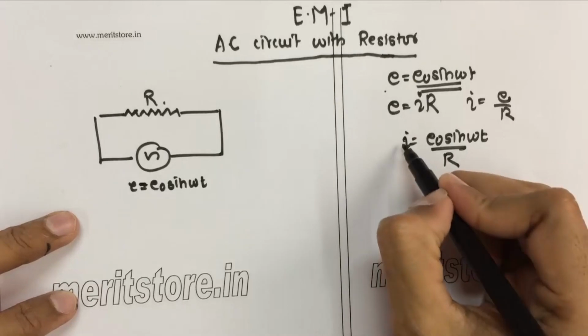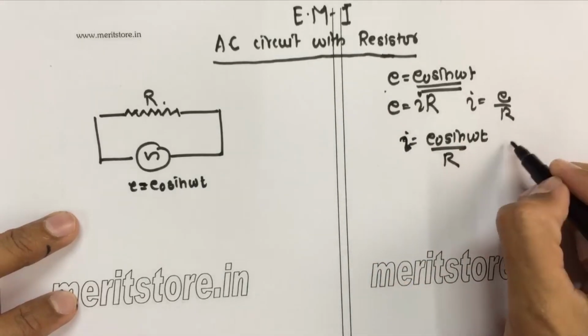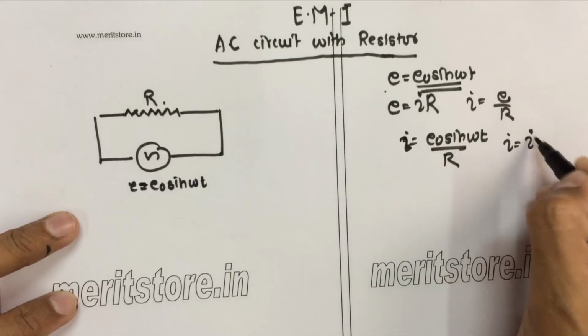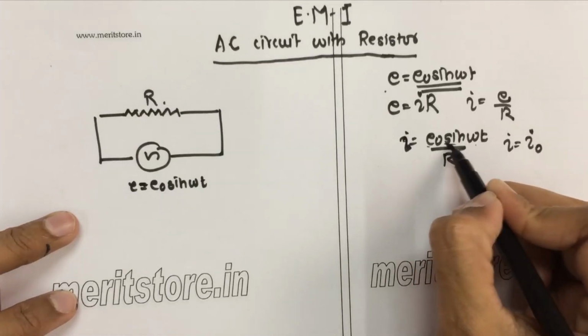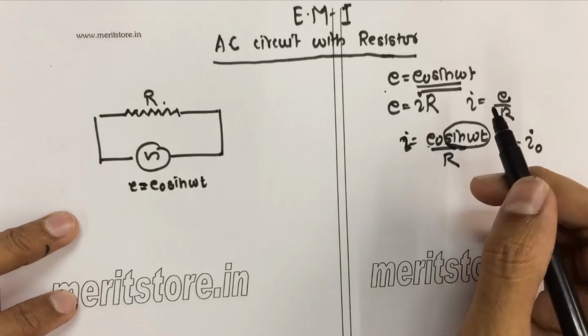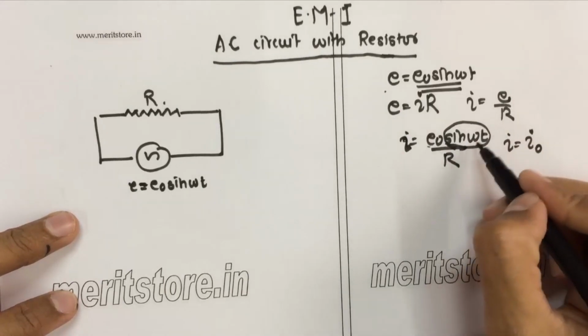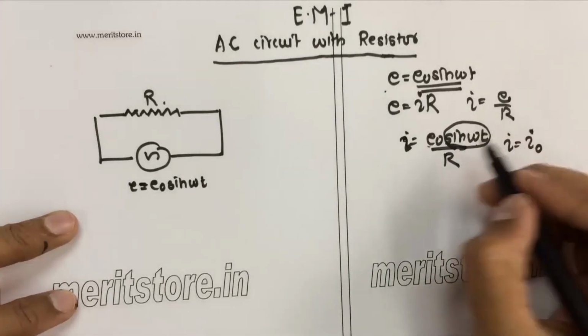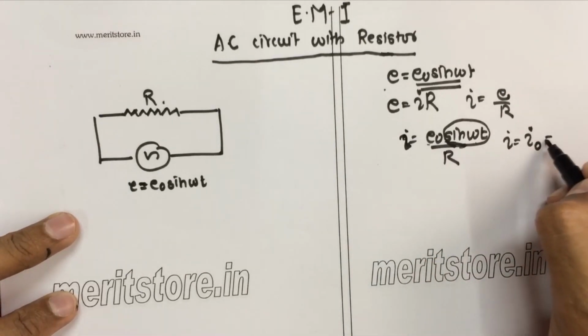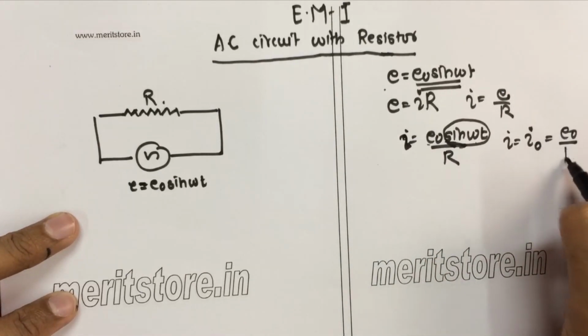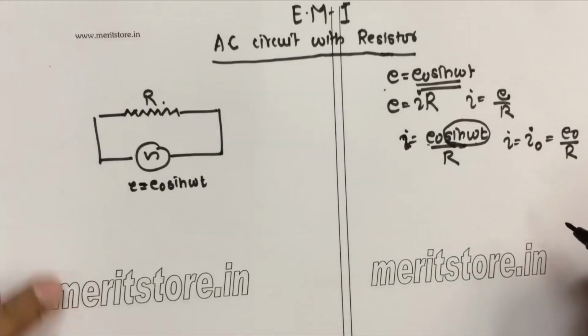Now for your current to be maximum, that is for I to become I naught, the maximum amount of current, your sine omega t has to be 1, so that means your angle should be 90, sine 90 will become 1, and hence what will remain is E0 upon R. So at your maximum I naught, you get E naught upon R, because sine omega t equals 1.